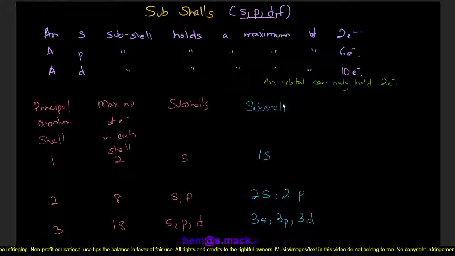So let's start with our S subshell. We say that an S subshell can only hold a maximum of 2 electrons. So how many orbitals do we expect to find in an S subshell?